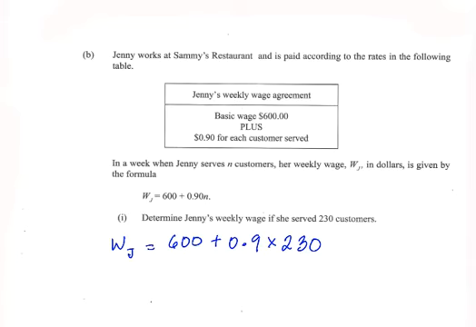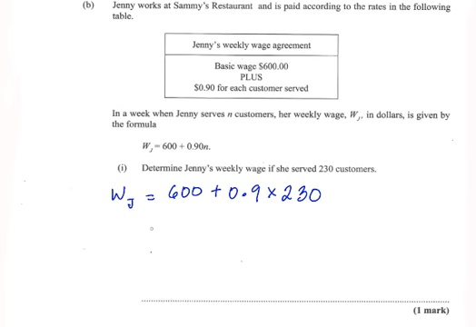The formula says our weekly wage is 600 plus 0.9N, where N is the number of customers that she serves. So it's 0.9 times 230 plus the basic wage of $600.